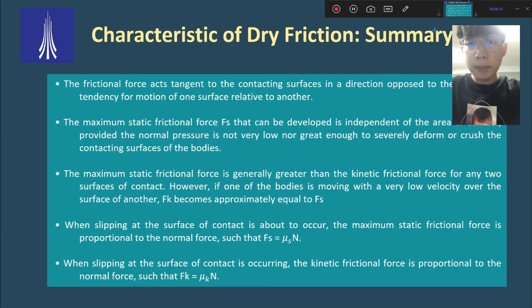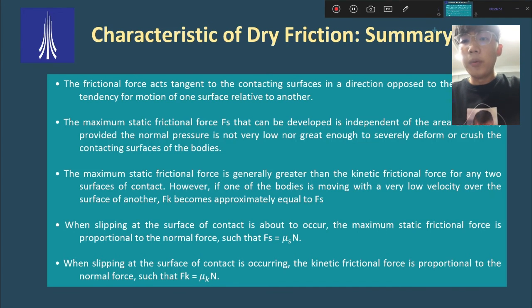And applying the same concept, when slipping at the surface of contact is occurring, the kinetic frictional force is proportional to the normal force, such that Fk = μk N. One is about to occur, and one is occurring. The formula is similar. One is Fs, one is Fk, and the value of μ varies depending on which objects are acting on one another.